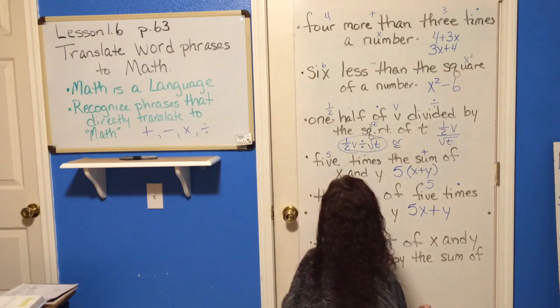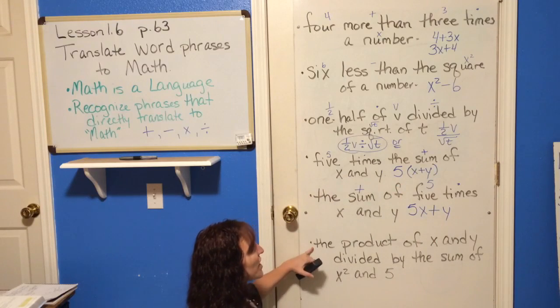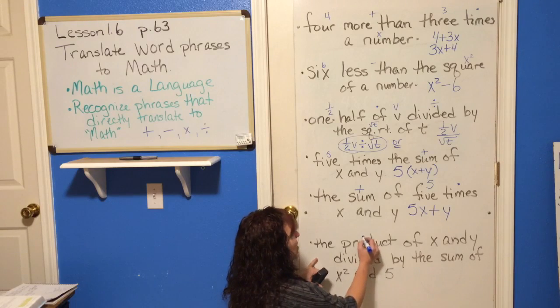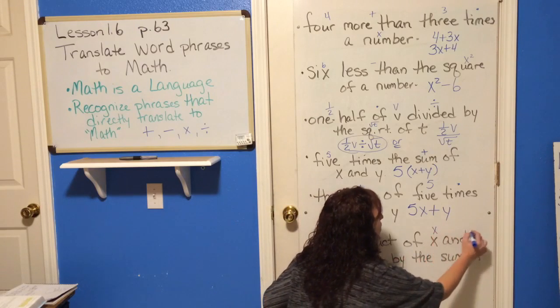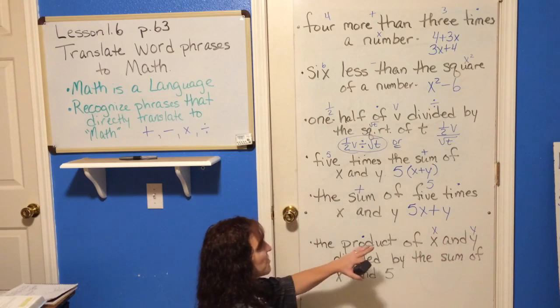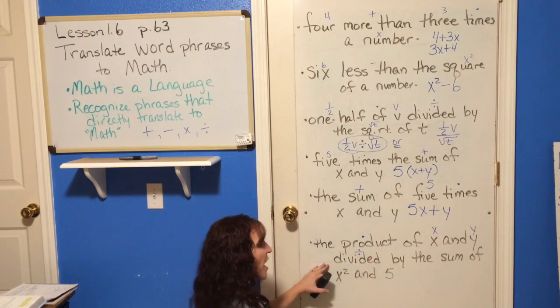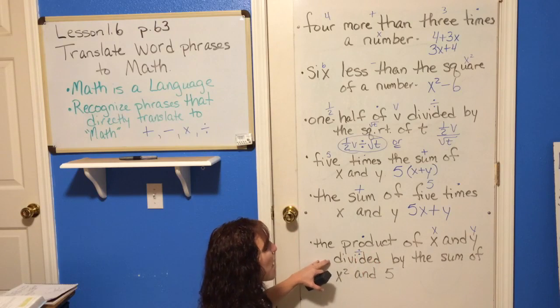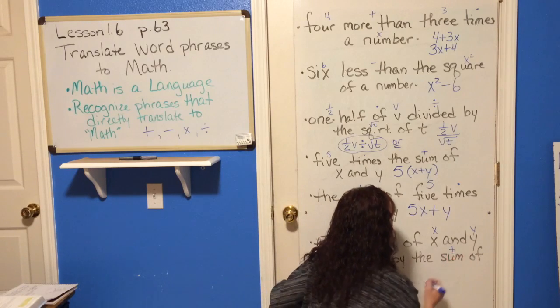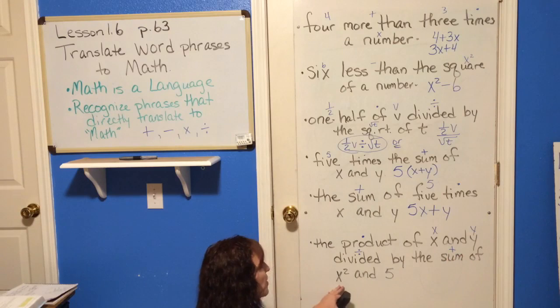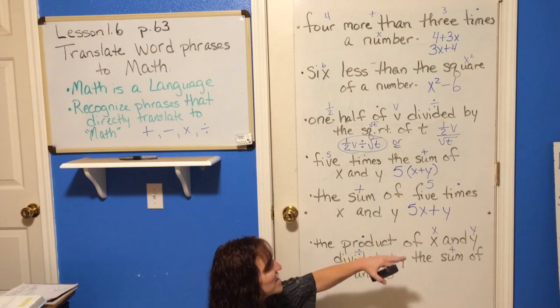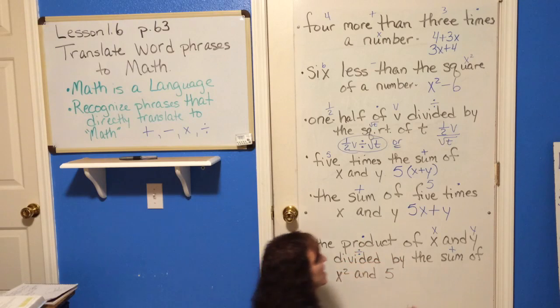All right. Last one of these. The product of x and y divided by the sum of x squared and 5. So product is multiply, and x and y are just x and y. So we can either use a division sign or a fraction sign, remember. All right, so the product of x and y, we're going to multiply x and y.